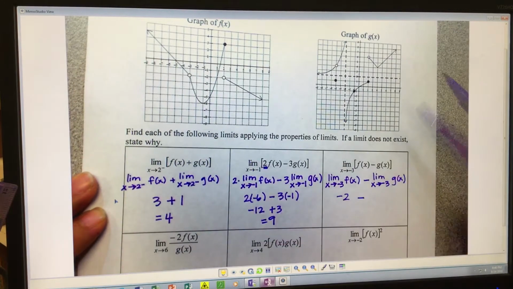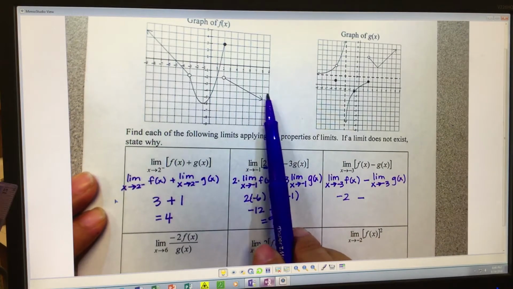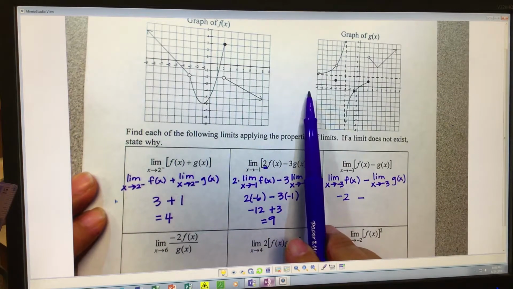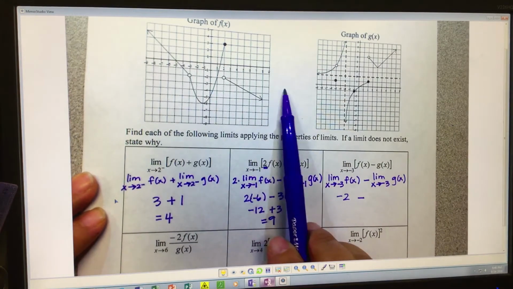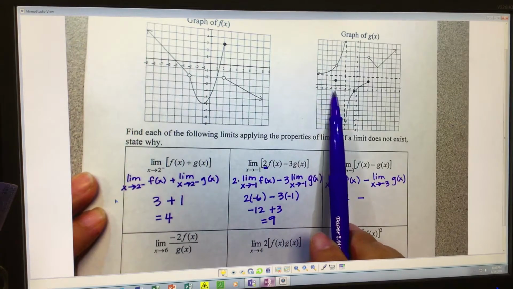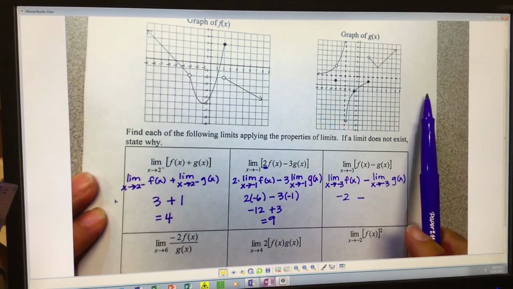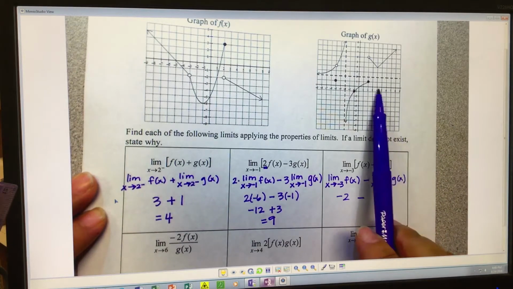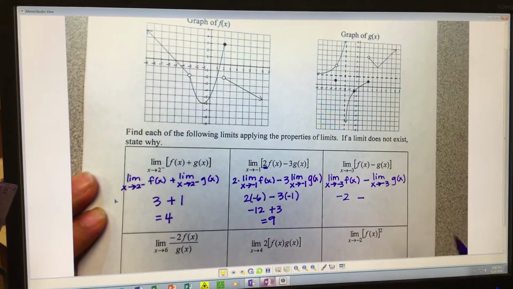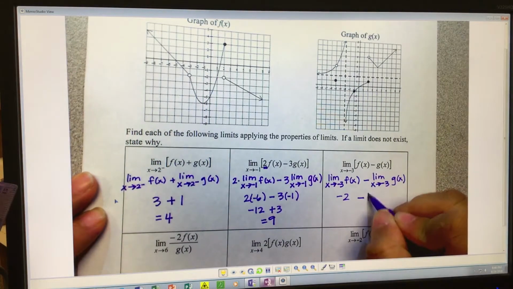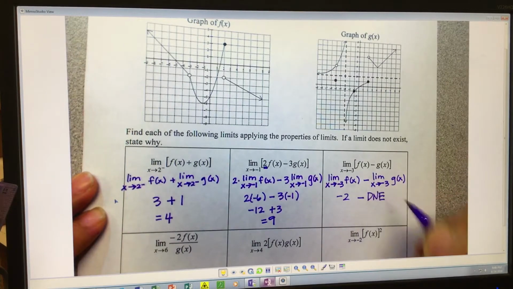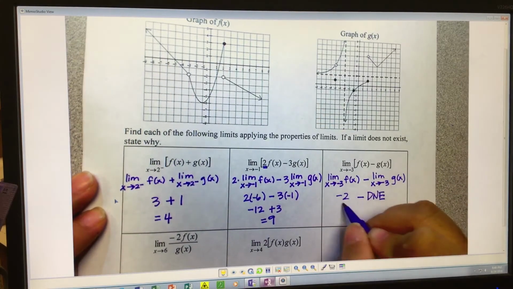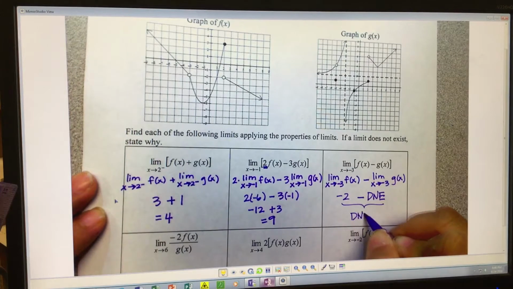minus, now we're going to check g of x. So from -3 from the left is positive infinity, from the right is negative infinity. So this limit here does not exist. Therefore this entire limit does not exist.